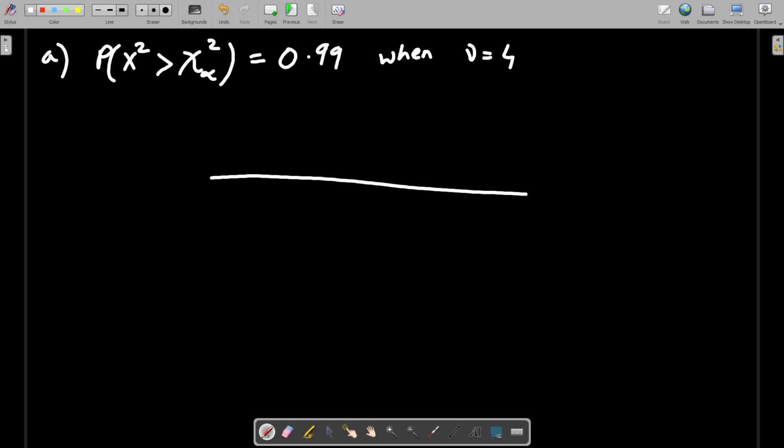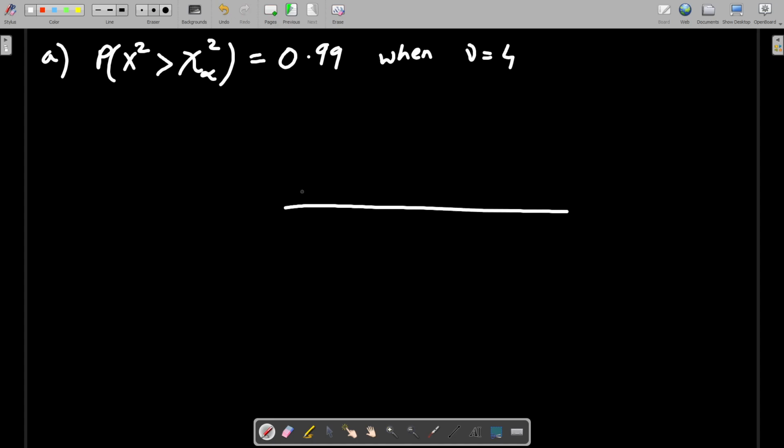So what are you given here? You are given that for 4 degrees of freedom, the area to the right is 0.99, there is this chi-square.